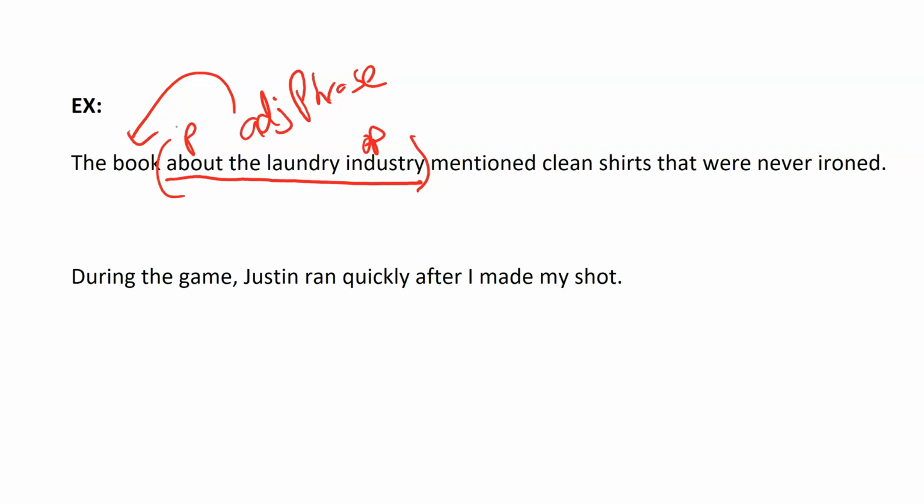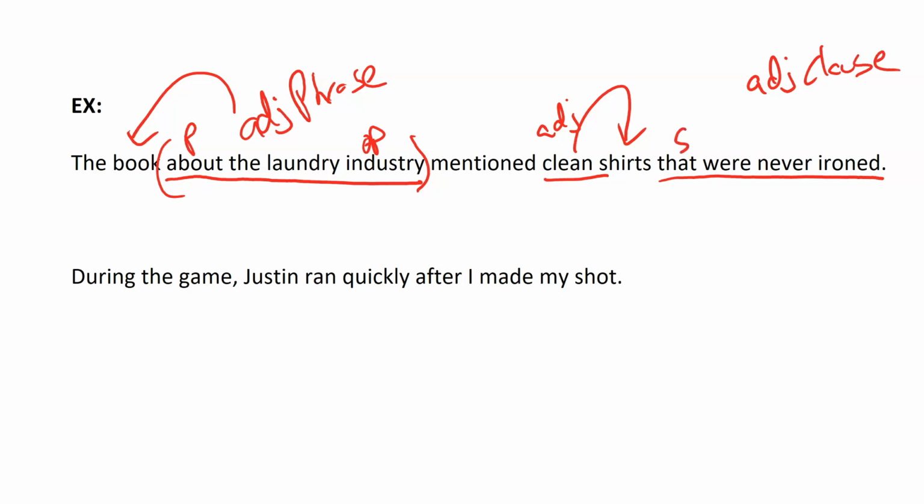Further down the sentence, we have the word clean, which is an adjective by itself, and it's describing the word shirts. Then we finish it off with that were never ironed, and that is an adjective clause. And we know it's a clause because it has a subject and a verb. The subject is that, the verb is were ironed, and never is an adverb. It is describing the word shirts.